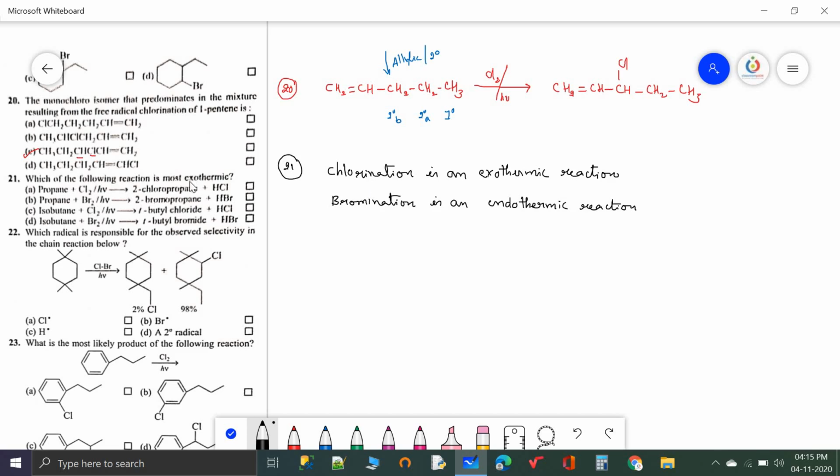They are asking about only the exothermic reaction, hence both of these bromination reactions are ruled out, option B and option D. We have to think about only the chlorination reaction.